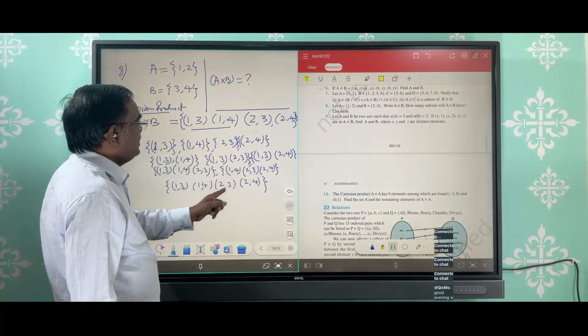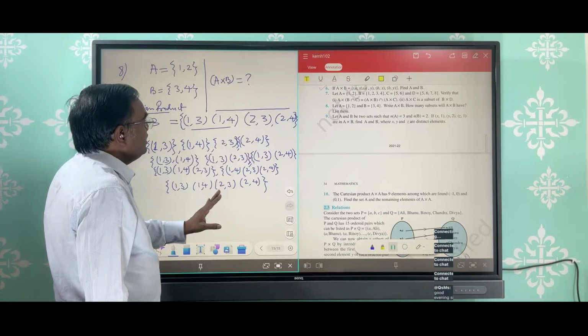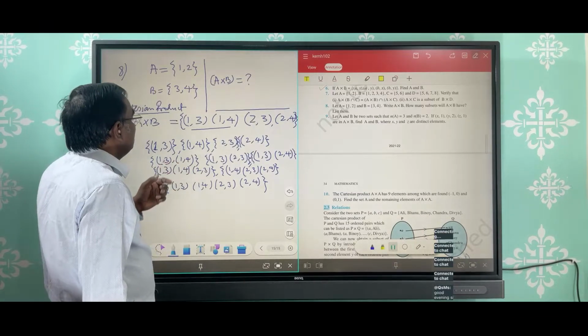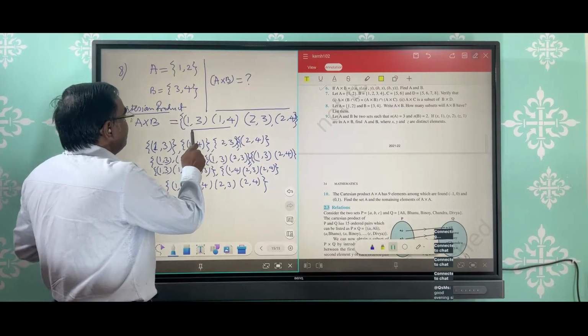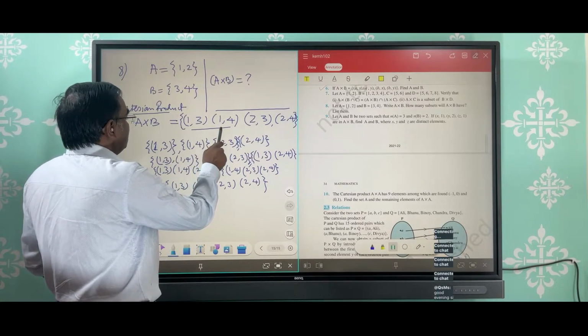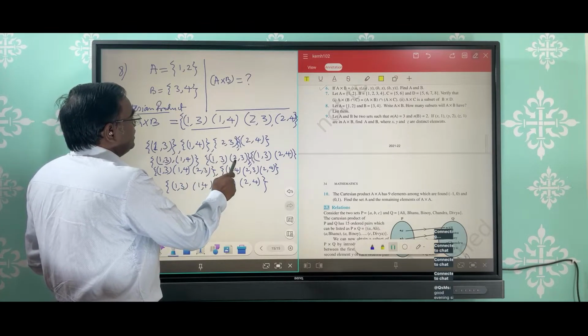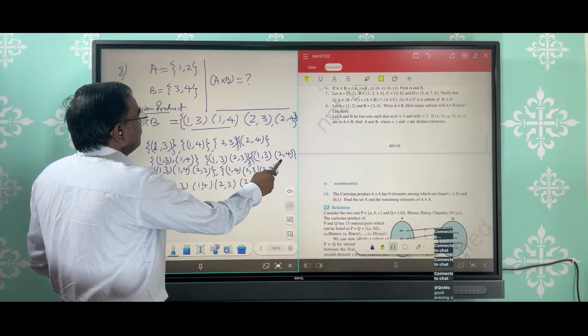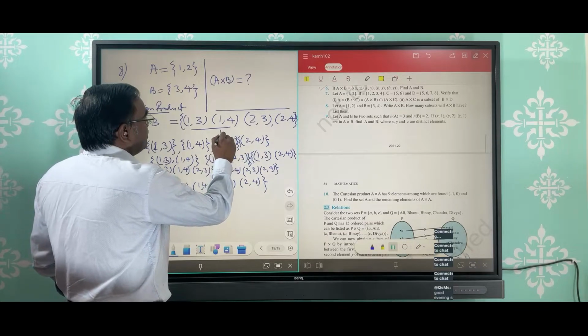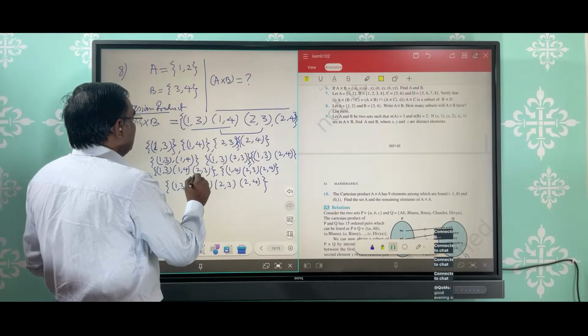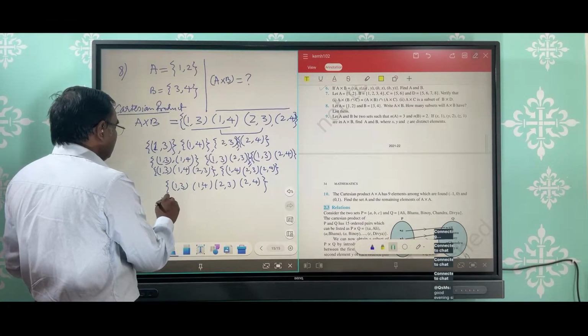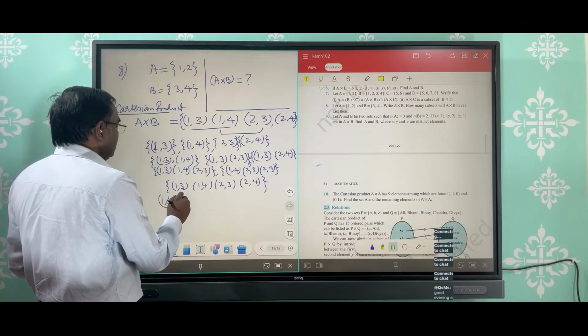This is 10. Now what is left? You paired (1,3) with (1,4), (1,3) with (2,3) and (1,3) with (2,4). The left one is (1,4) (2,3).